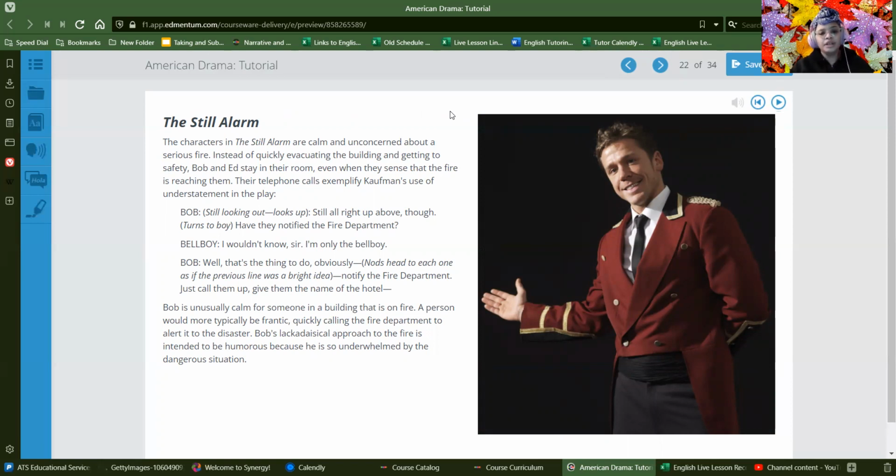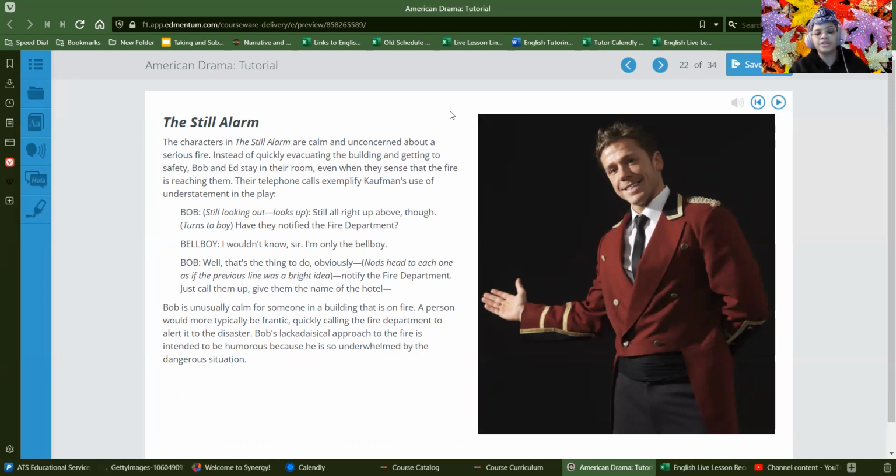So the long and short story of The Still Alarm is that it's a play about a building that is on fire and how people react to it. There is basically a building that's on fire, and instead of evacuating, Bob and Ed, two characters, stay in their room, even when they sense that the fire is reaching them. It is not just them, it's everyone.